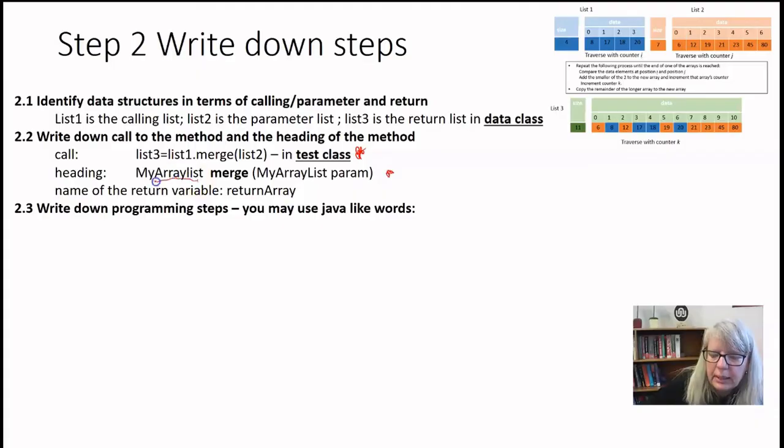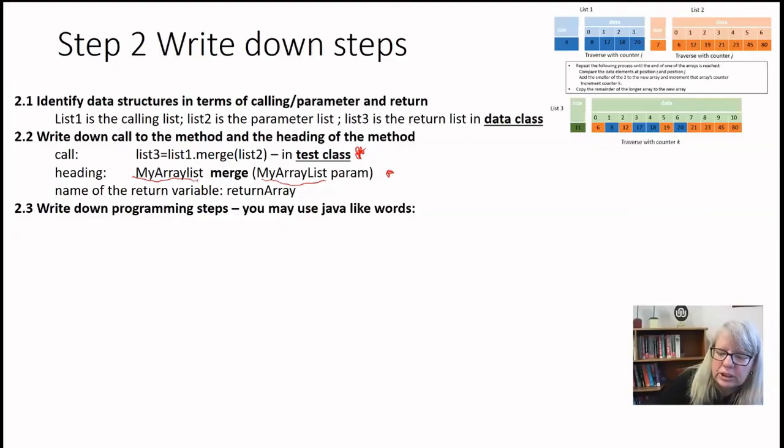Yes, you have a myArrayList which you return and a myArrayList parameter there. So you are using objects of the same class as parameters. That's what the study unit teaches you or demonstrates.